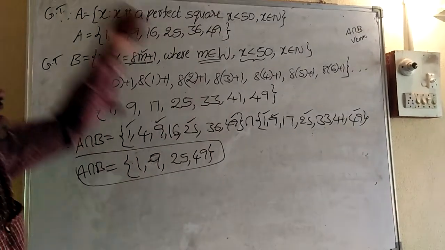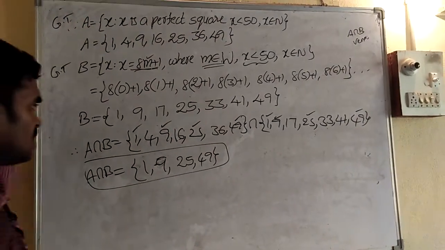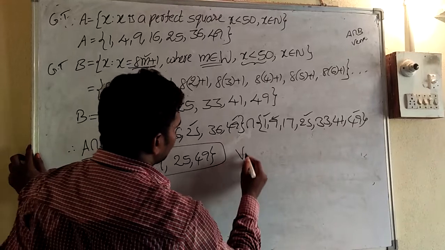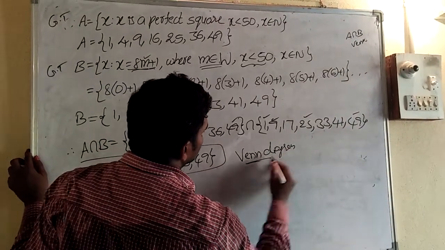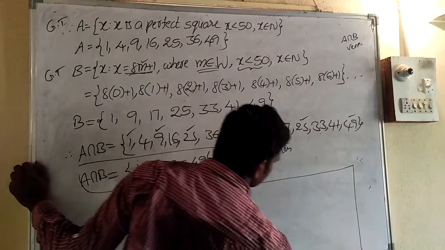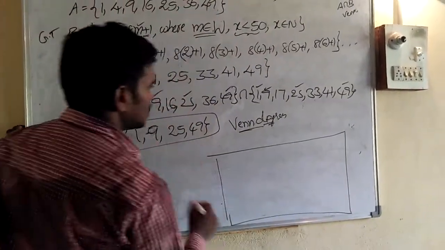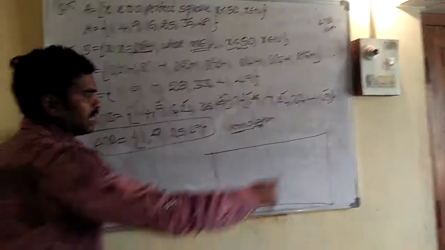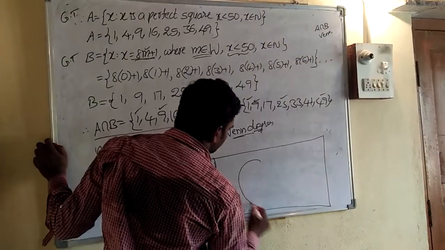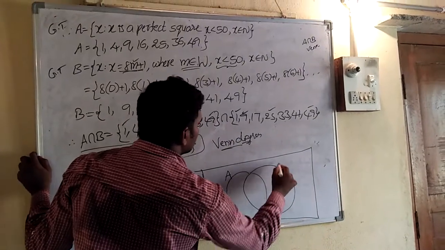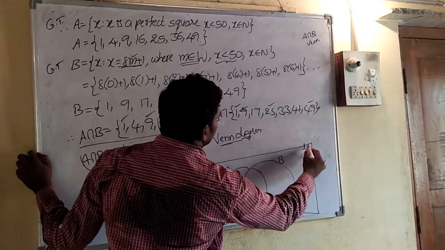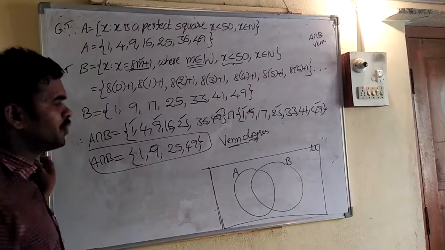Okay? And it is also asking for the Venn diagram. So for the Venn diagram, we should draw in rectangular form. This is set A, this is set B. Suppose I am taking a universal set mu.